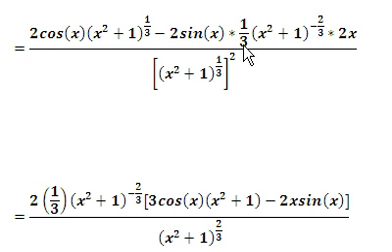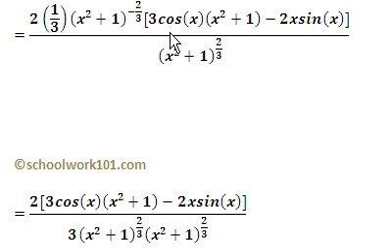Now over here, let's see, we pulled the 1/3 out, we pulled a 2 out, there was still another 2 left, so we had to leave it there. And of course there was an x, we didn't pull any x's out, and then we had the sine x. And of course we pulled all of this out front. And now what I'm going to do here is look at this x squared plus 1 raised to the negative 2/3.